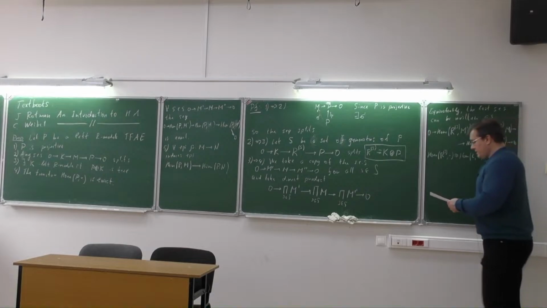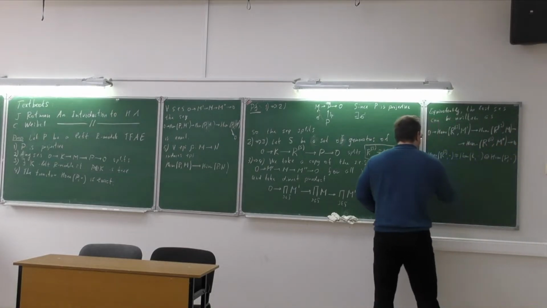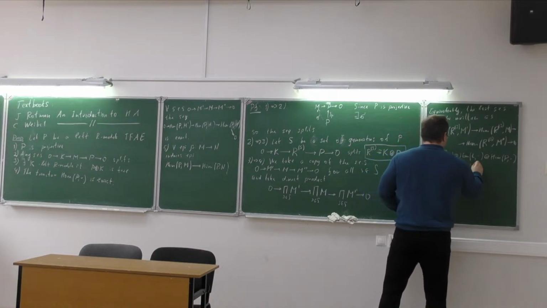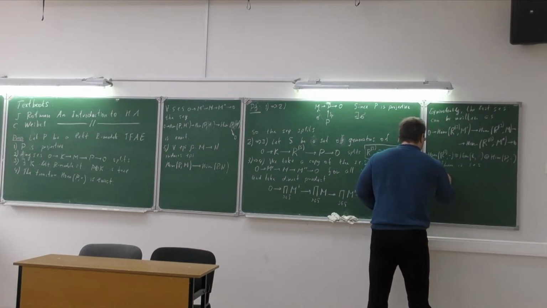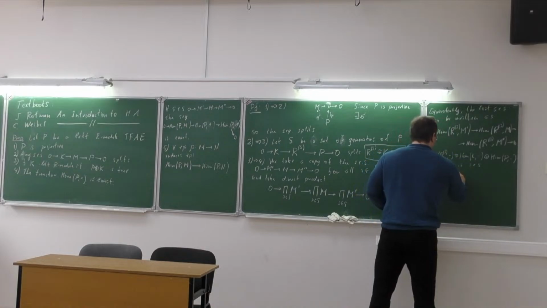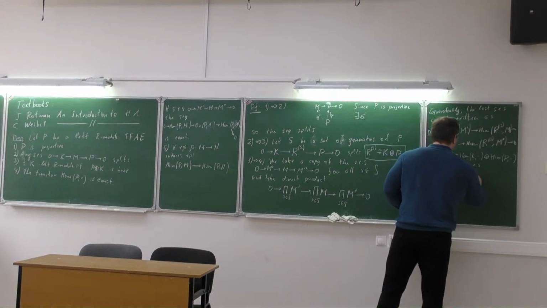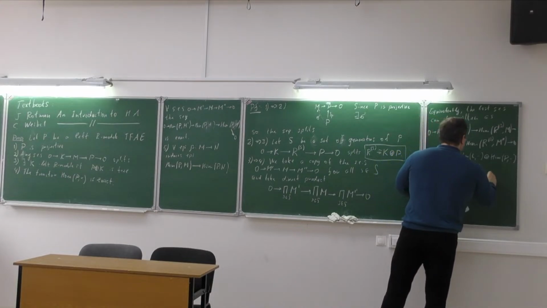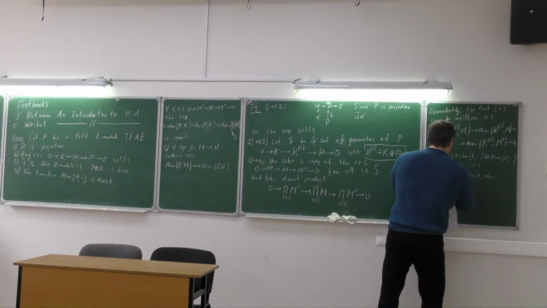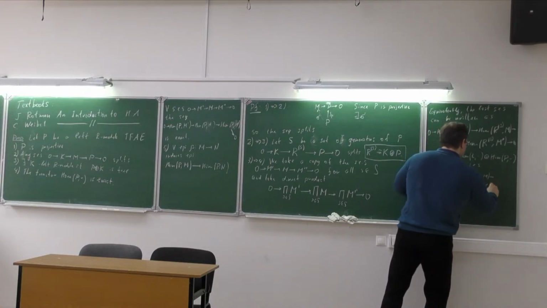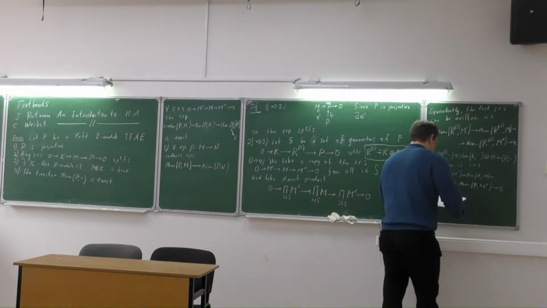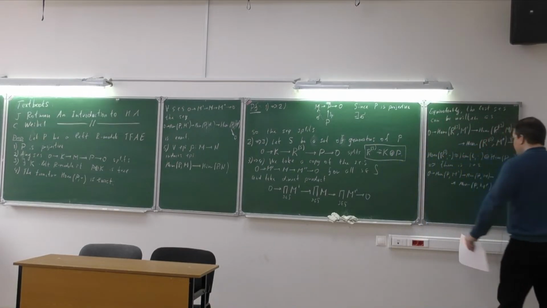So we can say that we have a short exact sequence where you just write Hom from P to M prime, Hom from P to M, finally Hom from P to M double prime. That's what we want, right?